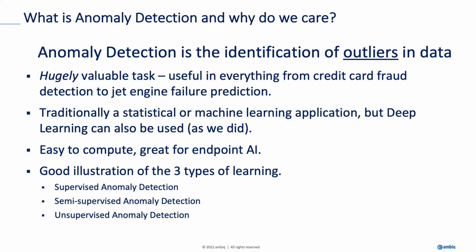So you train on partially labeled data as opposed to supervised learning where you have to label everything. There's another way of doing this, which is unsupervised learning, where you let it go for a while and the model itself will learn what an outlier is. But in this case, since we had easy access to good labeled data, we did semi-supervised learning. And without further ado, I will turn it over to Evan.